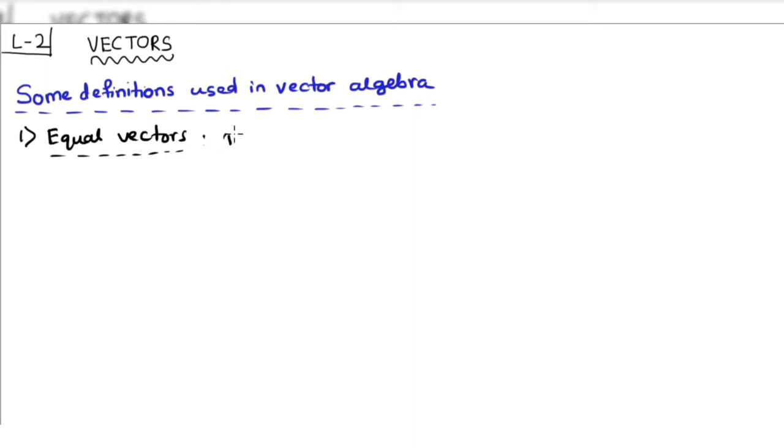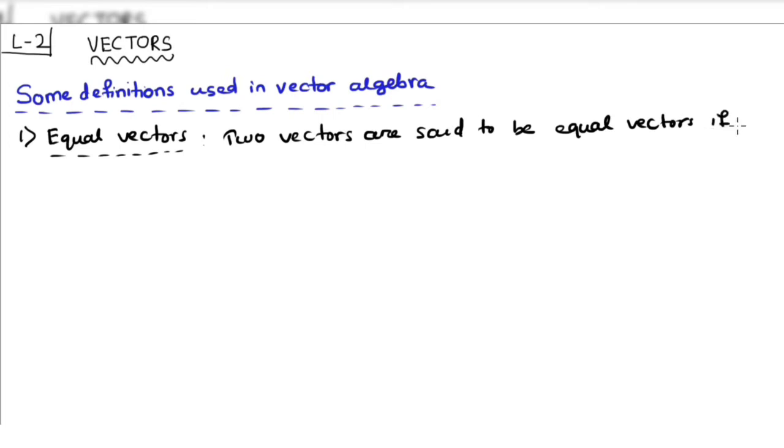Remember that two vectors are said to be equal vectors if they have equal magnitude and same direction.